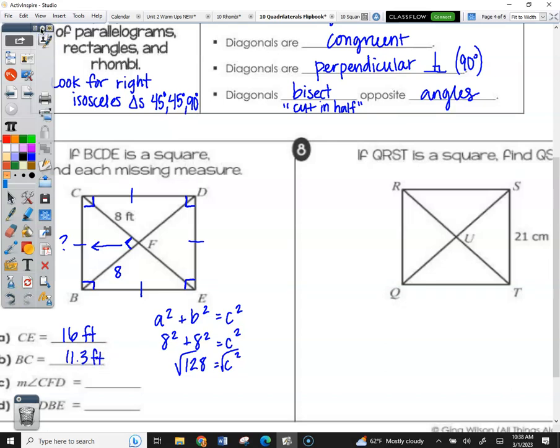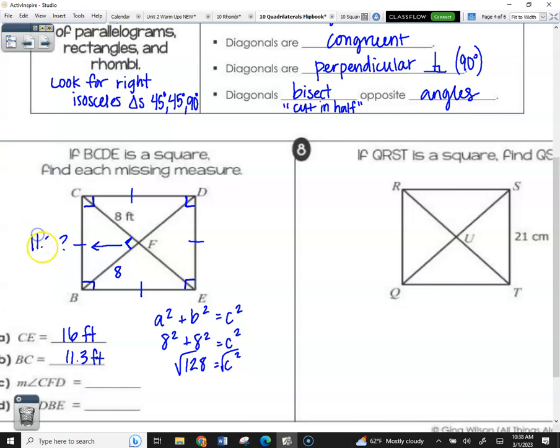So I'm going to make note that this is 11.3. Now, it asks for 2 angle measures. I want you to try it first, and then we're going to answer it. Trace the angles, see if you can find them, state the measure, and then let's check it.